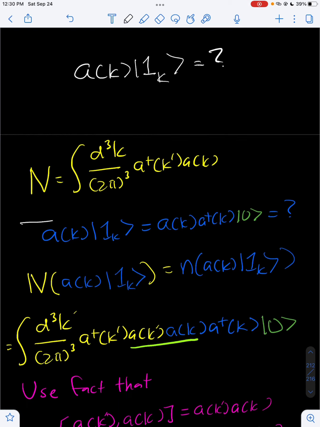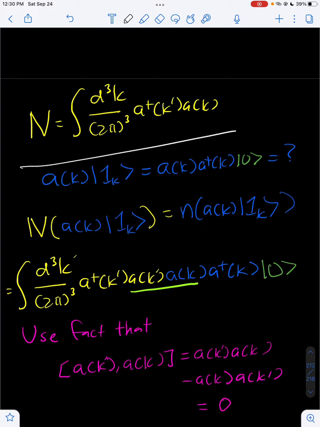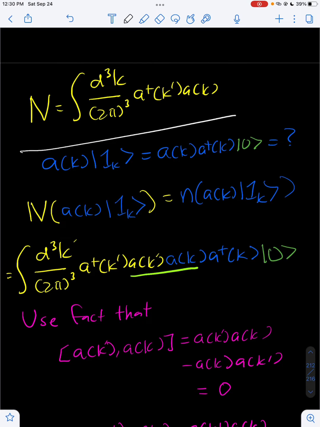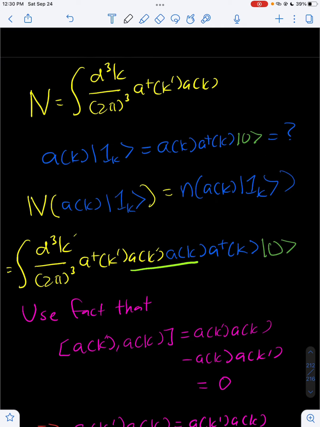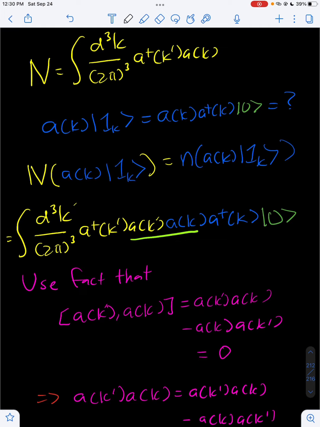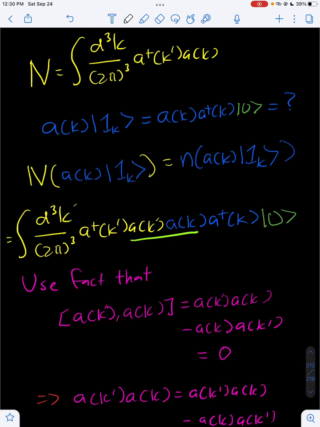We take the number operator, right, and we basically have to expand out A of K acting on the first particle momentum state. That gives us this over here, right? And just expanding things out, I encourage you guys to try this out yourself, but just use this to check your work.